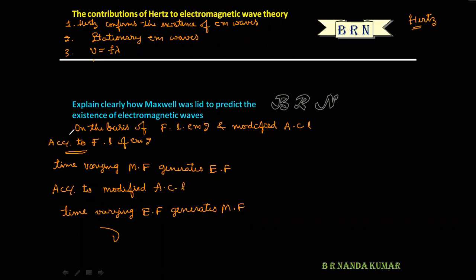An electric charge oscillating harmonically with frequency nu produces electromagnetic waves of the same frequency. So this is the explanation of electromagnetic wave theory.